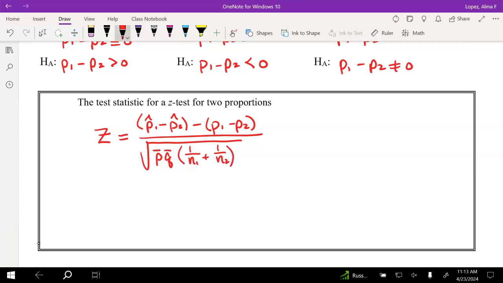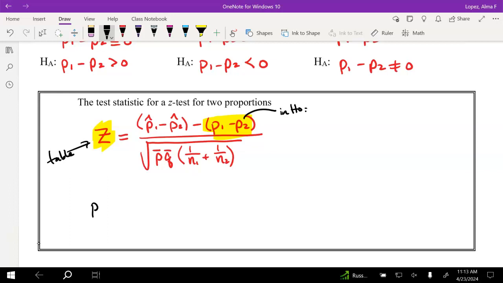Because it's a z-test, I know that the table that's going to be used is the normal distribution. And this is the hypothesis parameter that needs to be in our hypothesis.